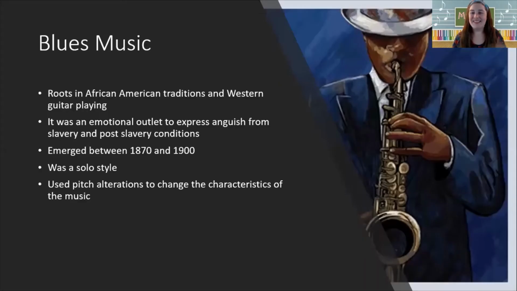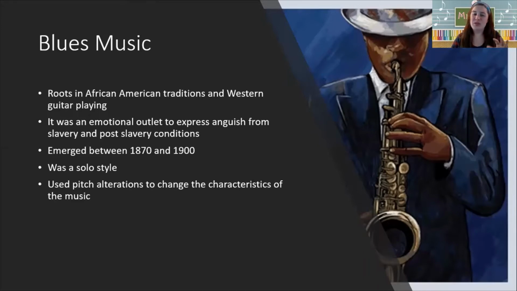So blues music, like jazz, has its roots in African American traditions, but it also includes some Western guitar playing. Jazz mostly includes European traditions, but blues takes it a step further and includes that guitar style. It's an extremely emotional type of music, an emotional outlet, and it specifically evolved to express feelings of anguish due to slavery and post-slavery conditions.